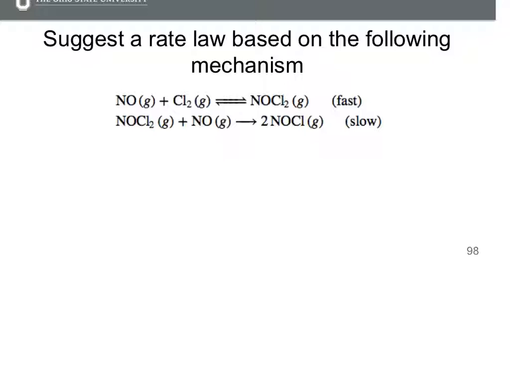All right, I'm seeing a lot of good work. So I'll go ahead and work this out with you all. Based on the slow step, our rate law would be rate equals K times NOCl2 times NO. But NOCl2 is an intermediate, so it can't appear in our rate law.